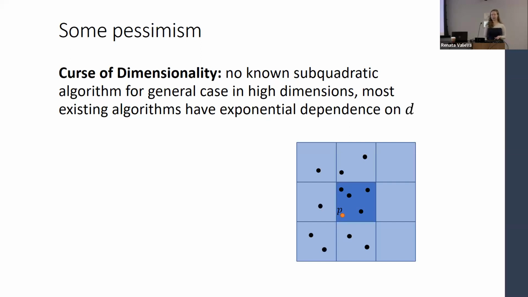And most of the existing algorithms that give exact guarantees have an exponential dependence on the dimension D, or perhaps some measure of intrinsic dimensionality. I've shown this picture here to give you an intuitive sense of why that might be true for a lot of data structures.